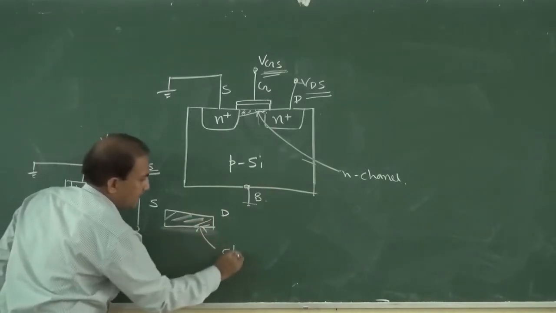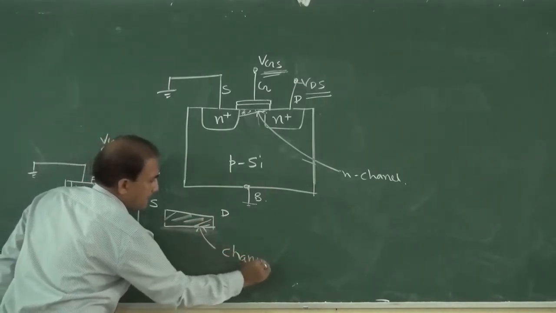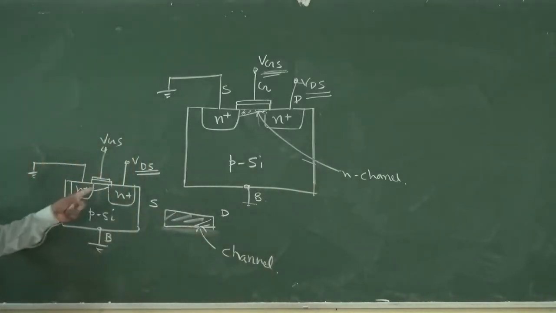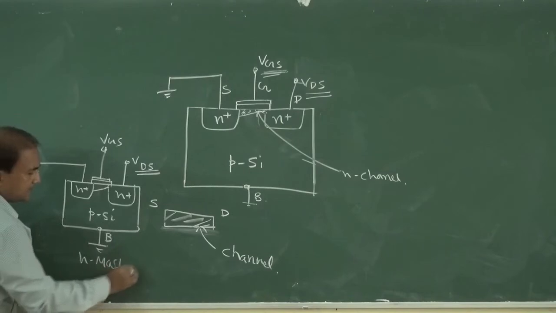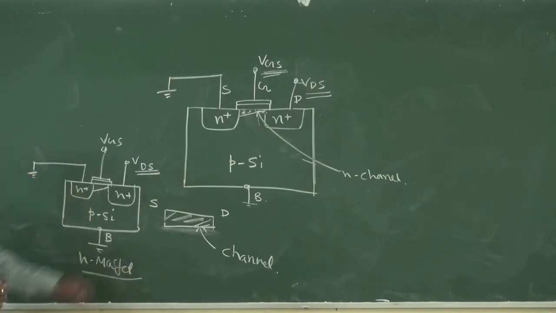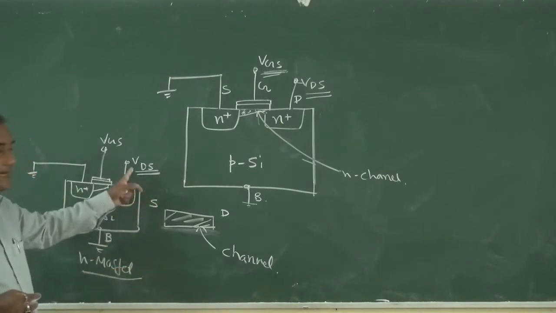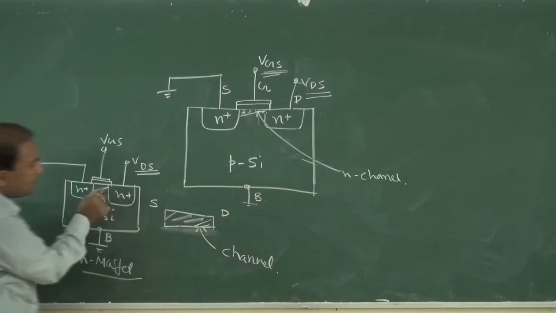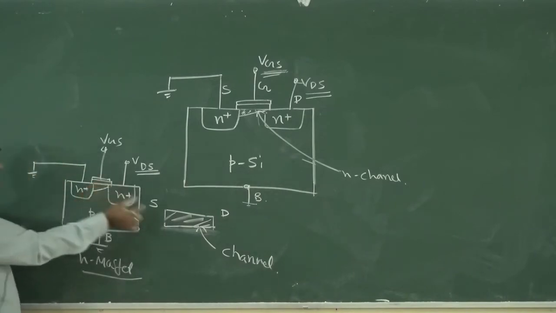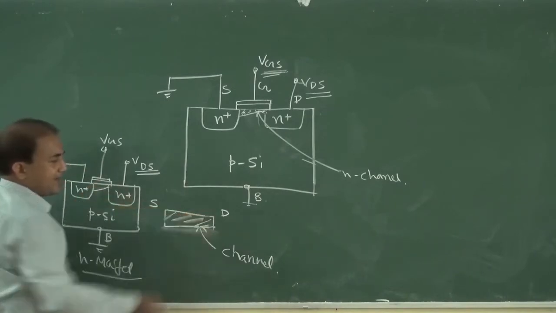This is channel. This is N-type channel because this is N Mosfet. And if we are increasing the drain voltage, then what will happen? The channel depth towards the drain starts decreasing.